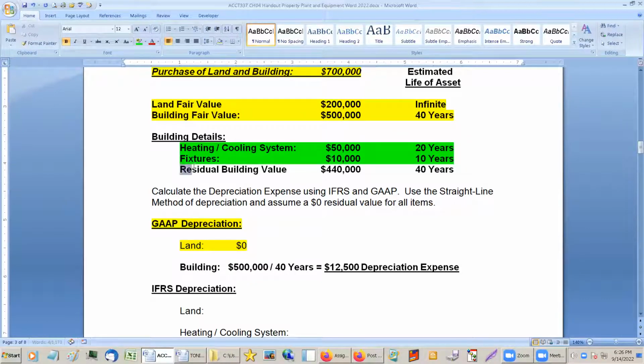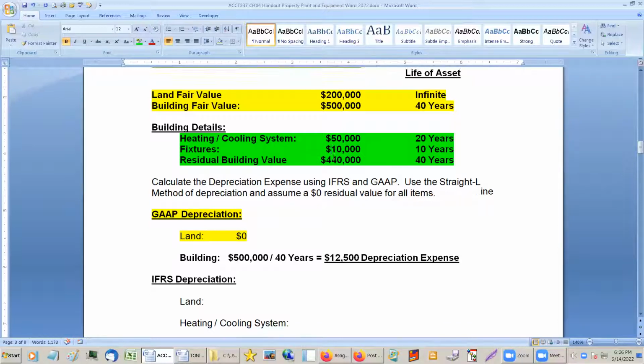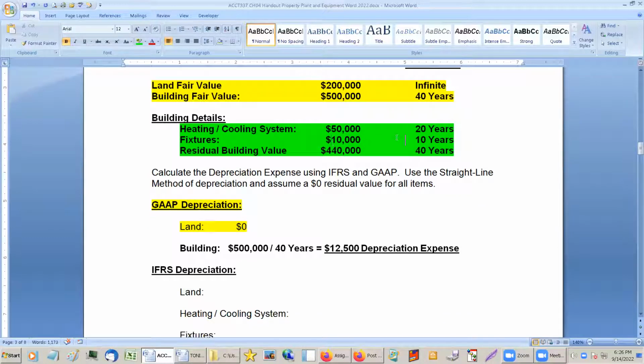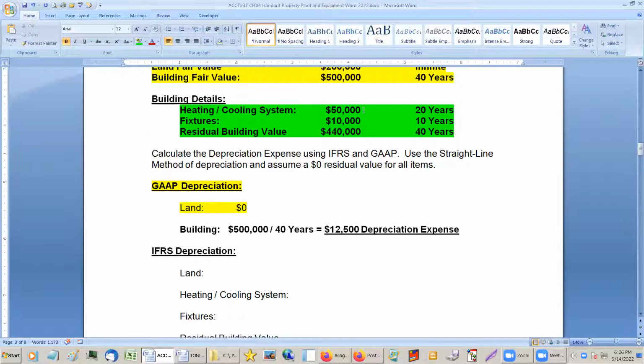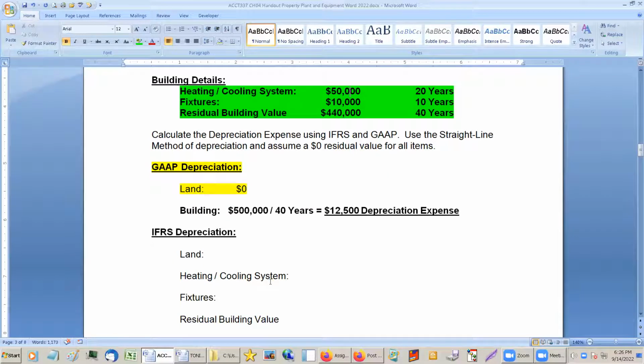There's fixtures like things like signs and railings and all that kind of stuff that have a shorter life, and so you have to break them up by components. So this is where it differs a little bit, and quite honestly, fairly reasonable, I think, as far as getting an actual depreciation number here.